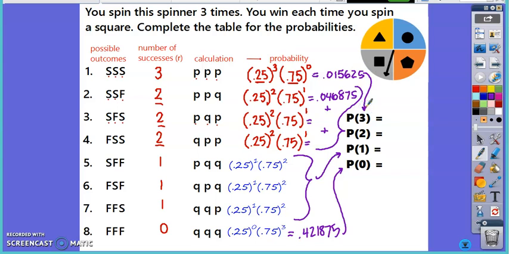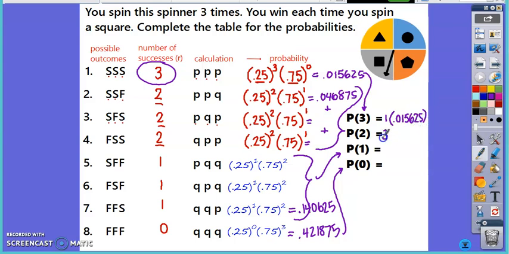I guess I could have calculated this one for you. This one turns out to all 3 of these down here, 0.140625. 3 of those. So the moral of the story is, since there was only 1 arrangement of 3 successes, we just take 1 of that probability.